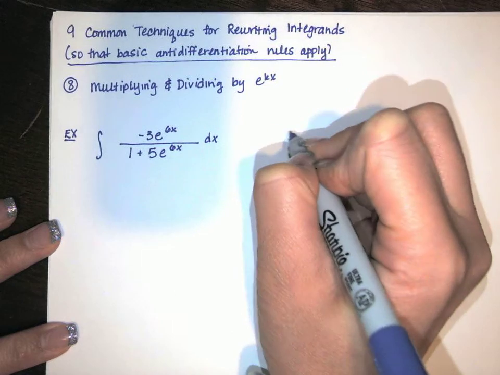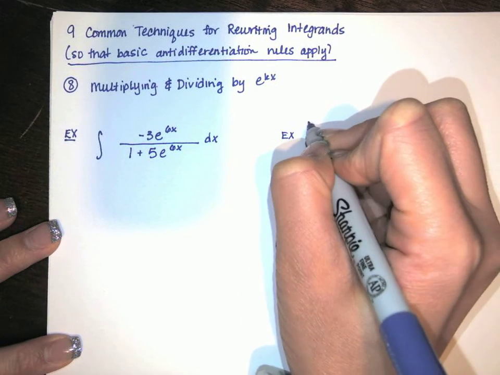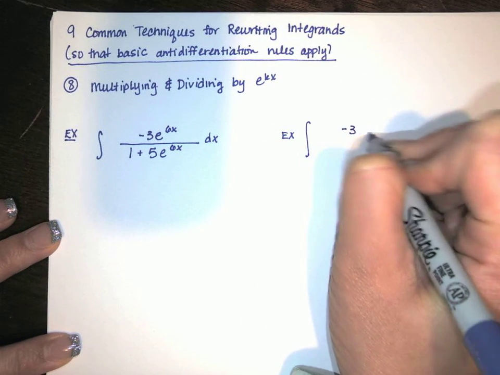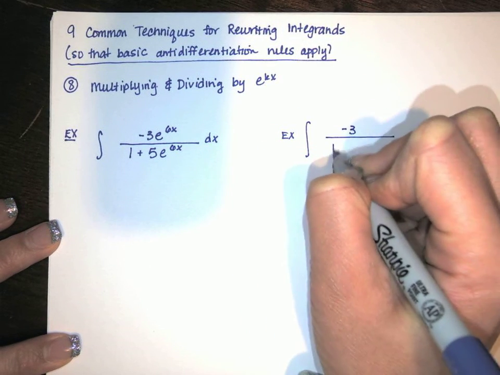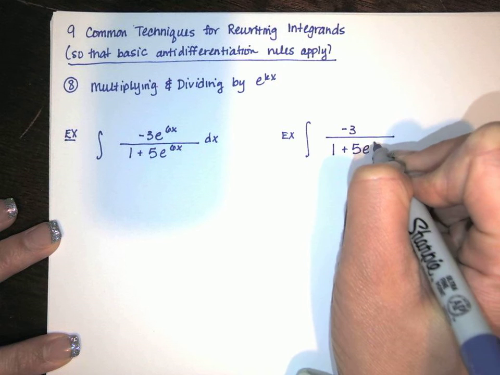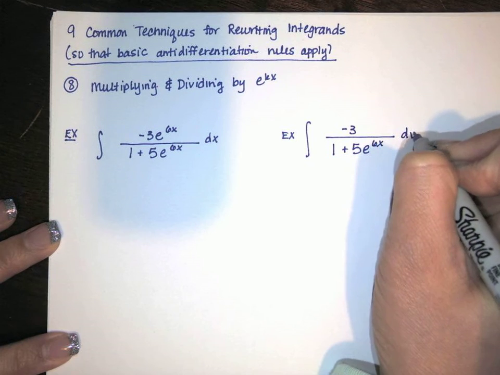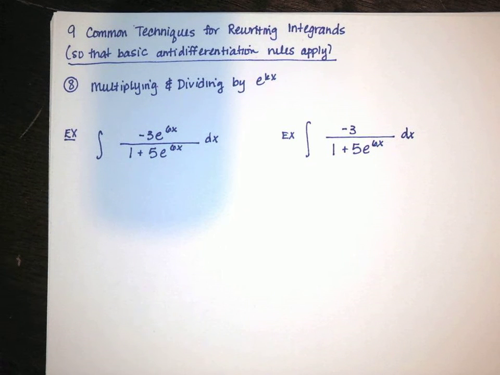And then for comparison, let's look at this one. For one of these, either my basic rule or u-substitution already applies, and for the other one, I'm going to need to use technique number 8.